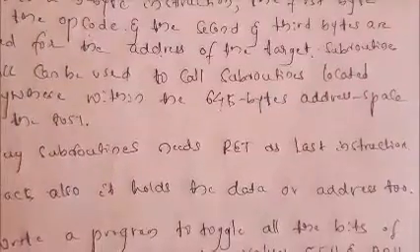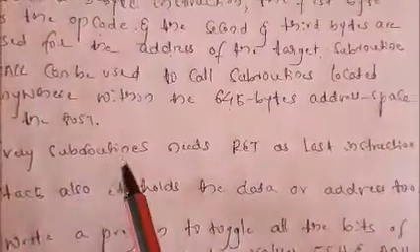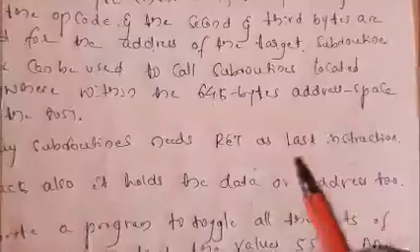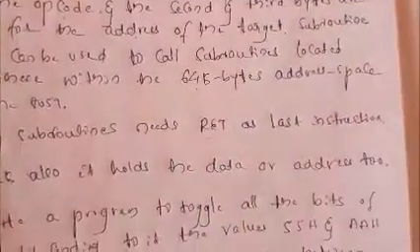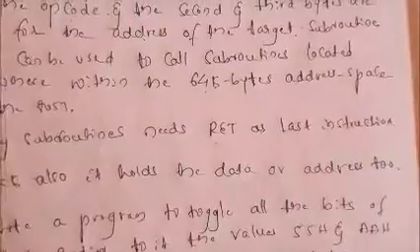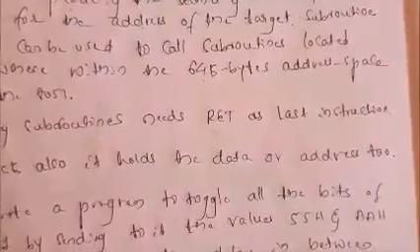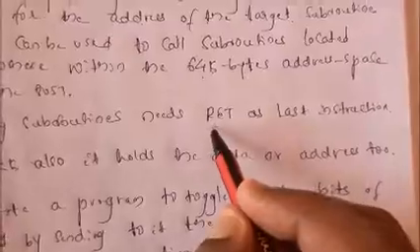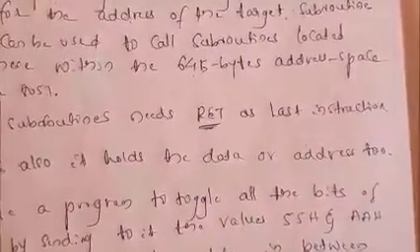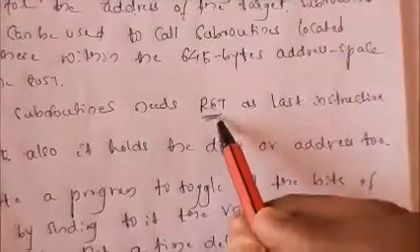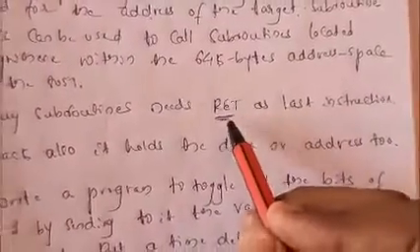Next, in every subroutine there should be a RET instruction as the last instruction, so that control returns to the instruction after the call. When you finish the subroutine, at the last line I need to include RET. RET stands for the return instruction. I will explain everything with an example, but just remember this.